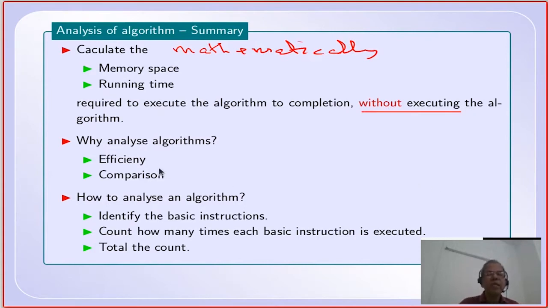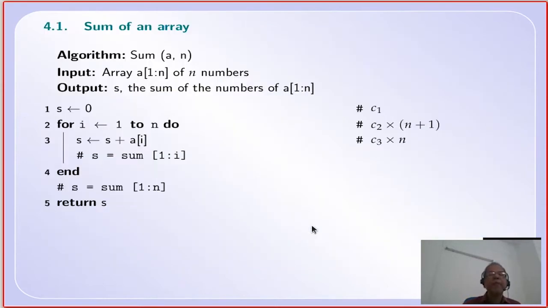We want to find out whether the algorithm is efficient, whether it is polynomial or better. Then for comparison of two algorithms. How to analyze an algorithm? Identify the basic instructions. Count how many times each basic instruction is executed. Total the count.